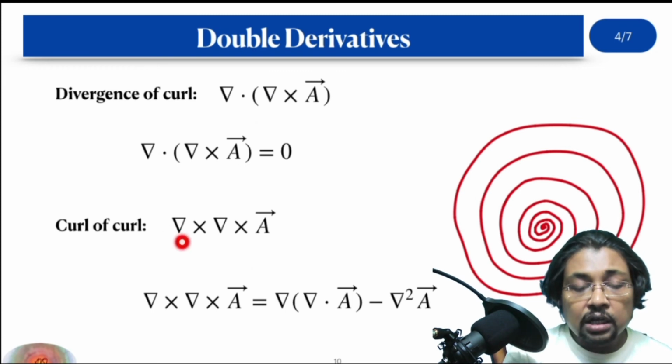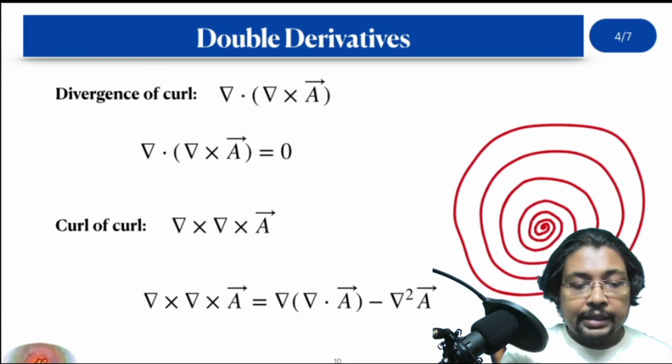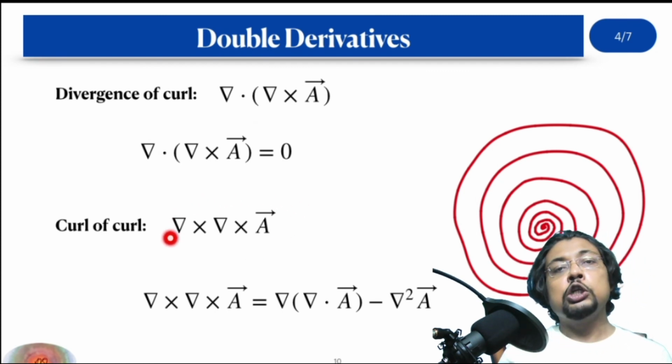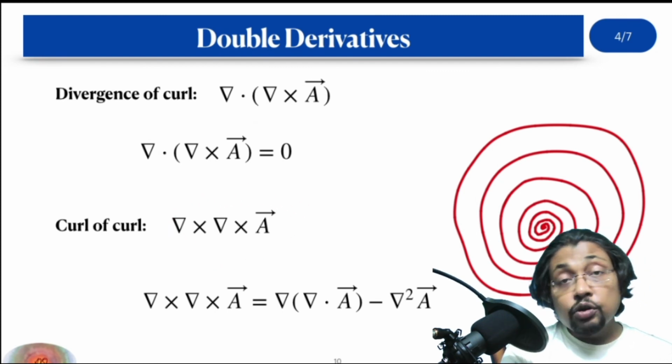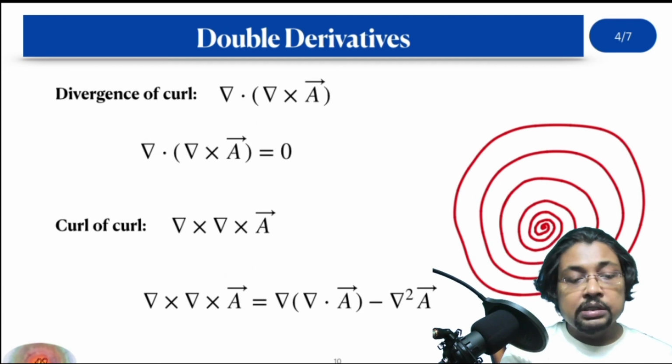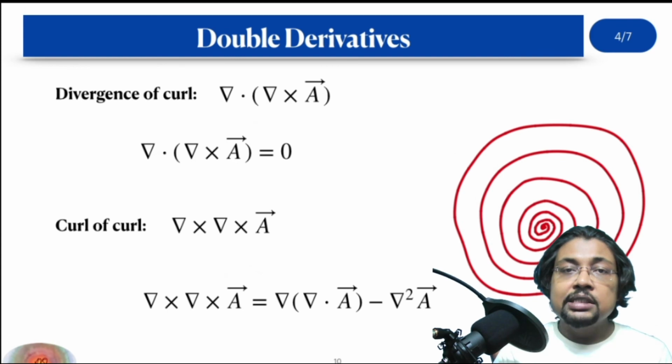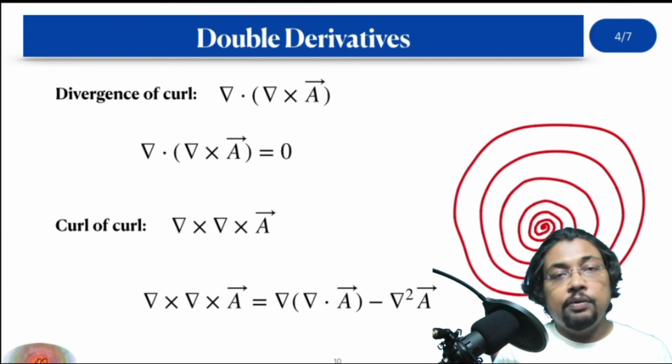The last one is the curl of curl of A. This one is the most important equation in electromagnetism, because later on, when I discuss electrodynamics, this equation is going to define the base equation of electrodynamics.